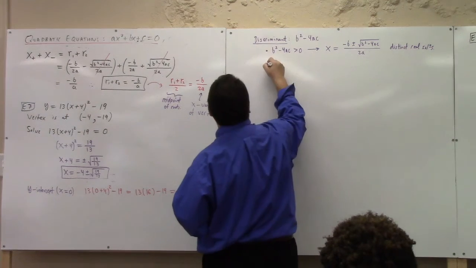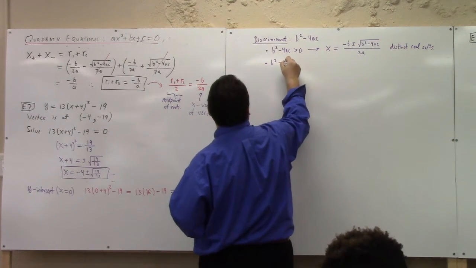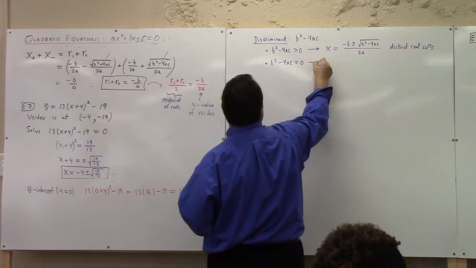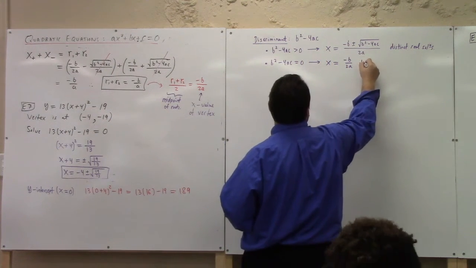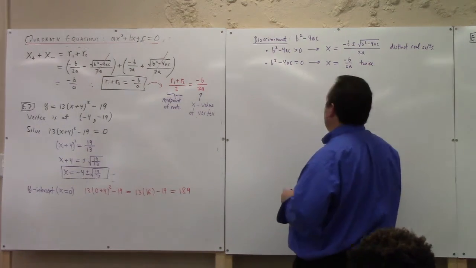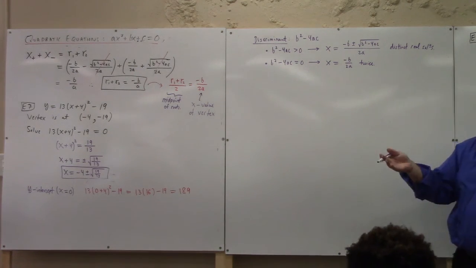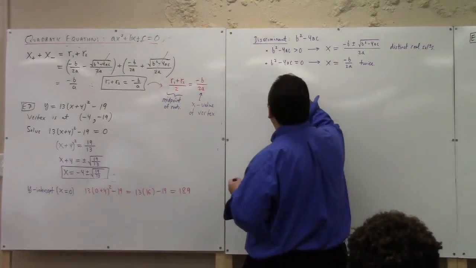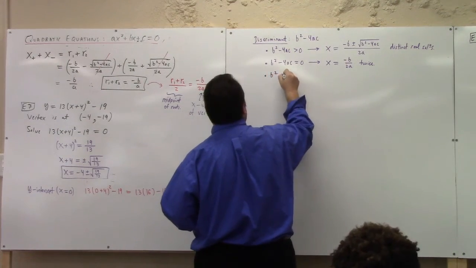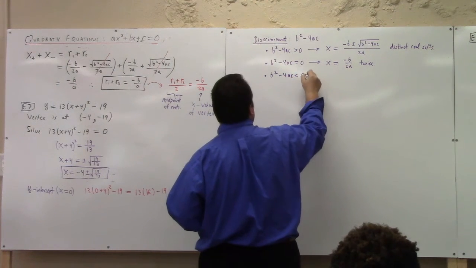If, on the other hand, the discriminant's 0, what happens? You just get x equals minus b over 2a repeated, right? You get the double solution. The square root term drops out happily in the repeated root case. And what's the other case? The discriminant's negative.